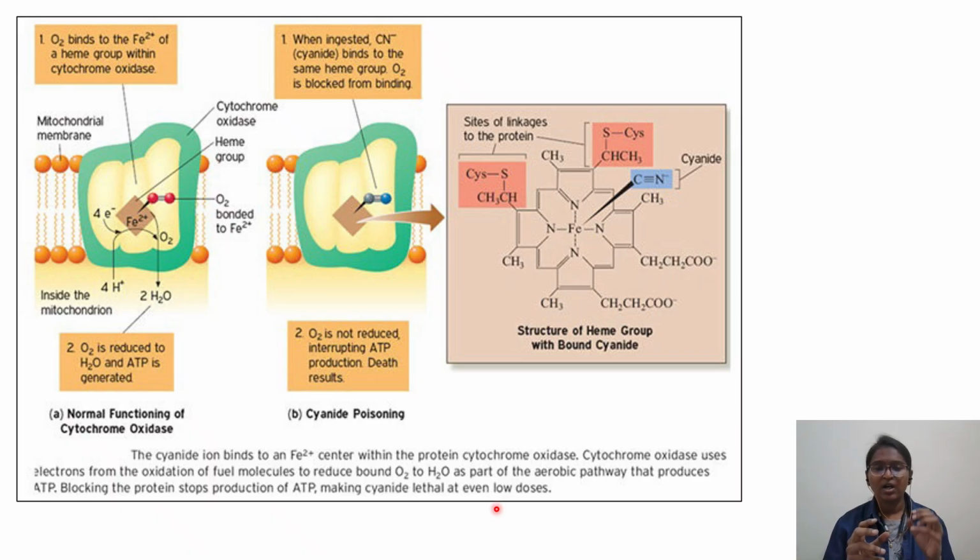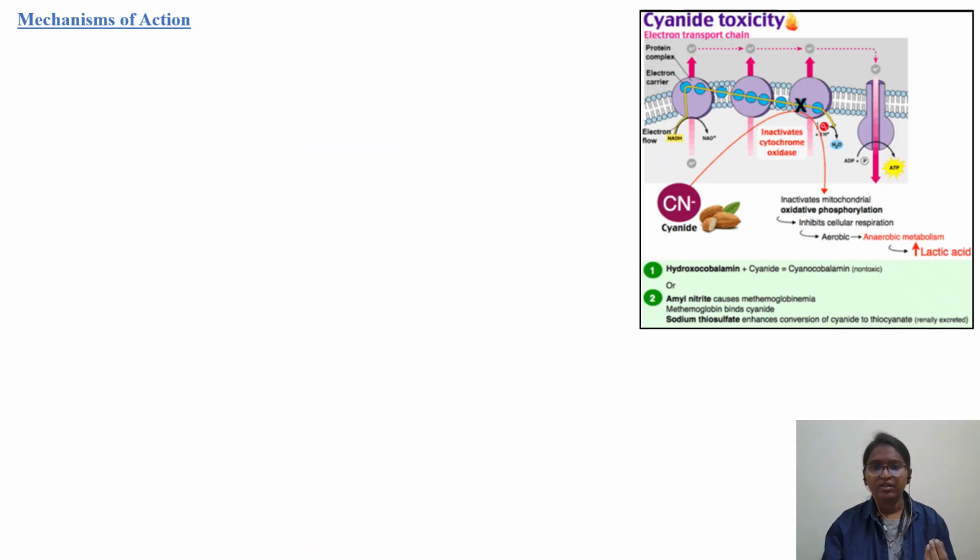Now we have to see how nitrite or other antidotes can be used in order to interrupt this toxic mechanism. If you look at the sites of linkage to the protein, this is the typical structure of the heme group, in which cyanide will bind to this iron. As I told you, you have complexes 1, 2, 3, 4. Particularly in complex 4, cytochrome C oxidase, this is happening.